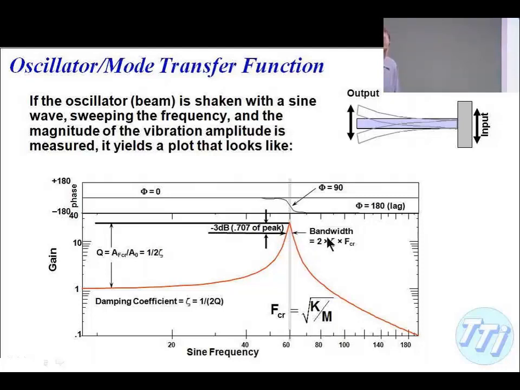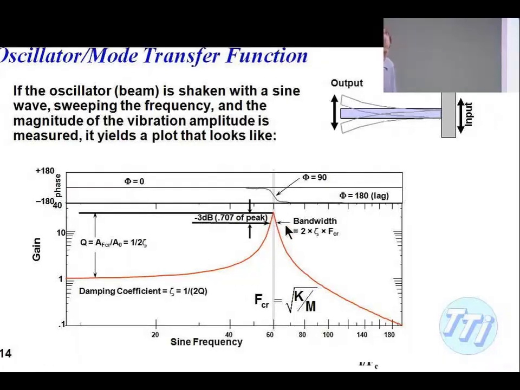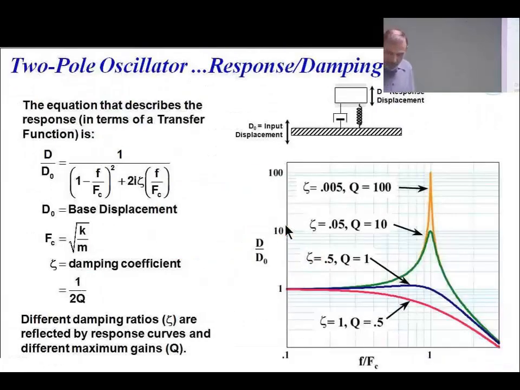Or I can calculate the damping coefficient because it's 1 over 2 times the gain at the natural frequency. Those equations are right here. Okay, I was going to say I didn't write those down. Yeah, no, they're here. So the upshot of it is that I'm not going to worry about the equations. You can worry about them later.